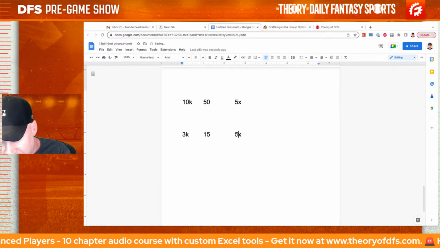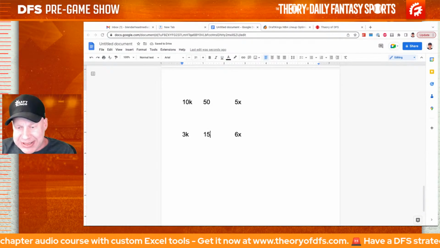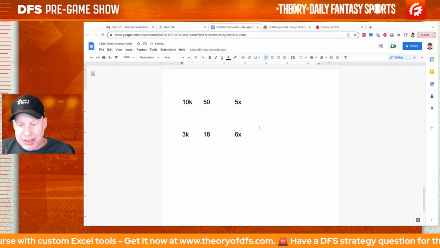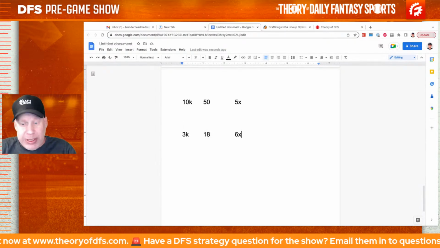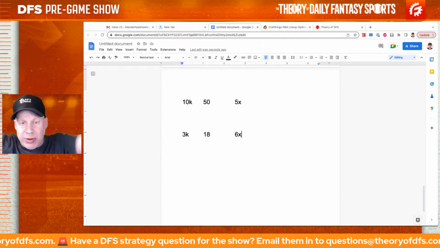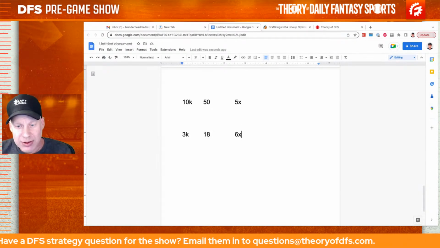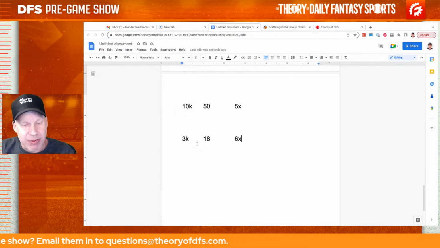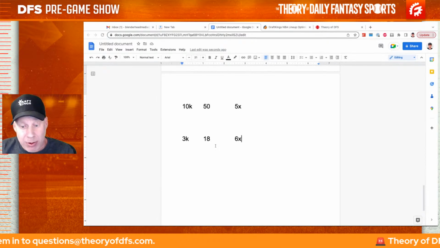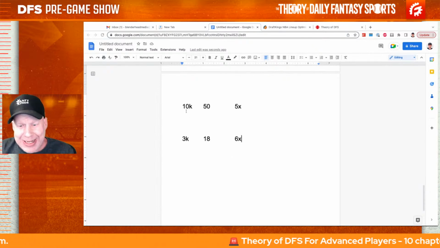What happens if this 3K player had a 6x, right? His projection was 18. Oh, now the 3K player is well worth it to you? Probably not either. I'd still prioritize having the 10K player over the 3K player, even though the 3K player will give you 6 points per dollar. I can get 2 studs, right?